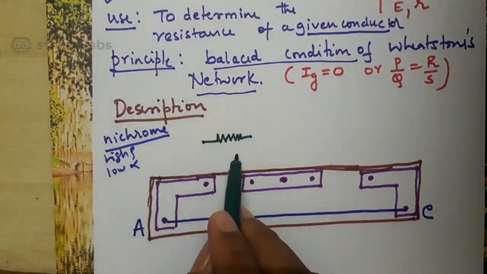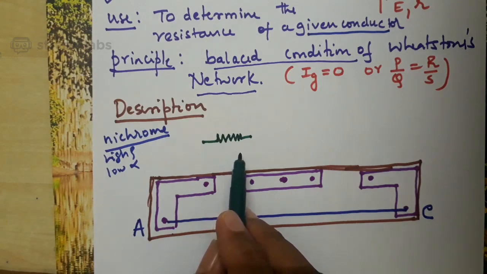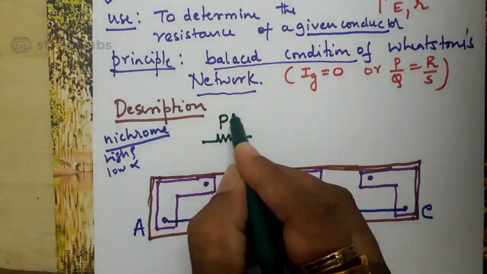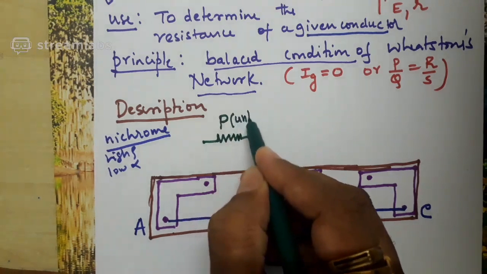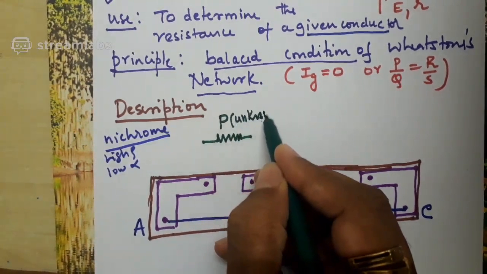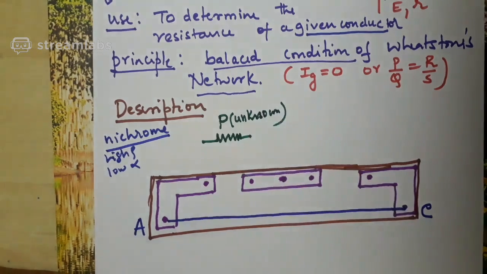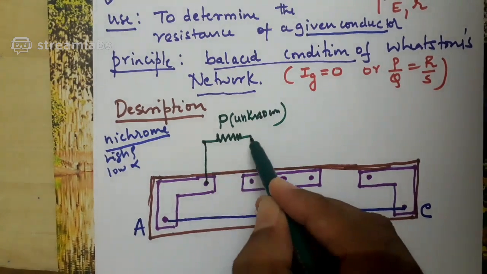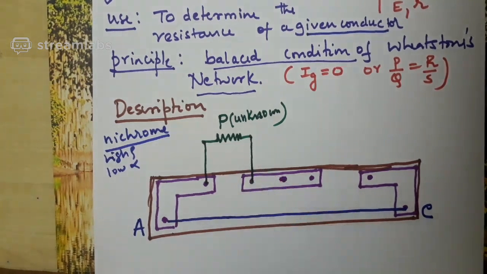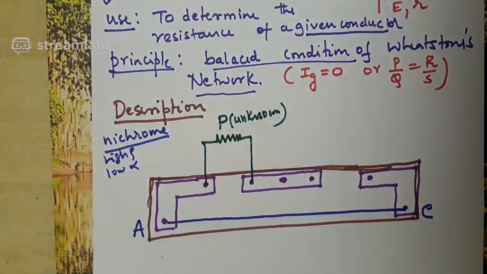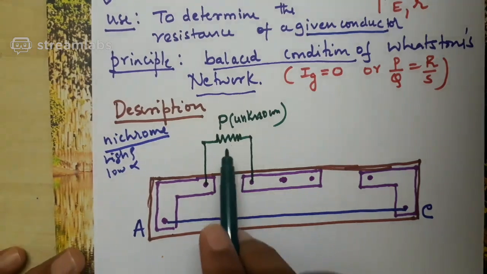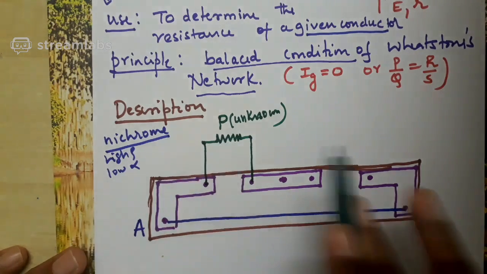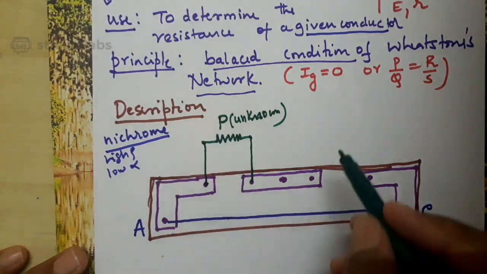I will represent that conductor whose resistance you are supposed to find out by the notation P. For your information, this is not known to us, it is unknown. And using connecting wires, copper wire, we are connecting the two ends of that conductor to the left gap of the meter bridge. I think you understood. This is a conductor whose resistance has to be found. I have taken the resistance as P, which is not known to us. It is connected across the left gap of the meter bridge.